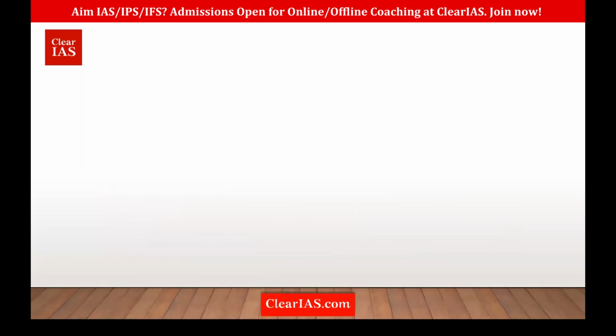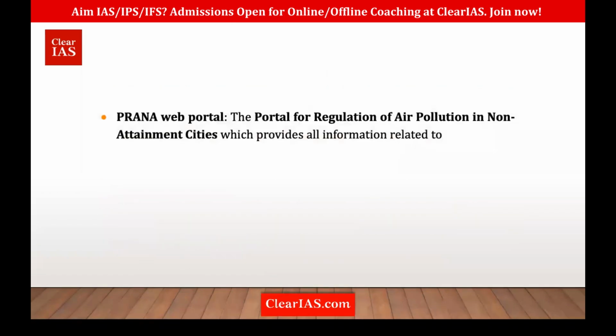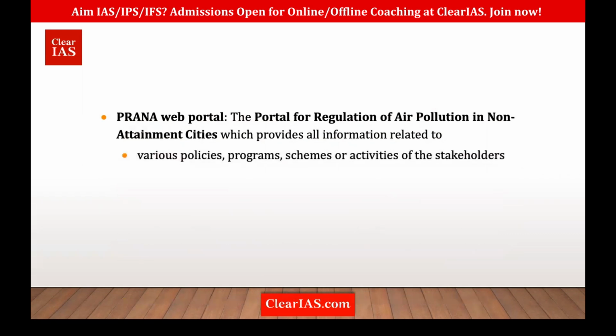Yes, and also there is the PRANA web portal. So whenever you hear about the PRANA web portal, remember it is with regard to what? The National Clean Air Program, and its expansion is portal for regulation of air pollution in non-attainment cities. So we already spoke about the 132 non-attainment cities, and this portal gives information with regard to air pollution in these cities.